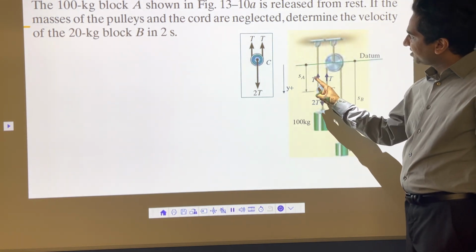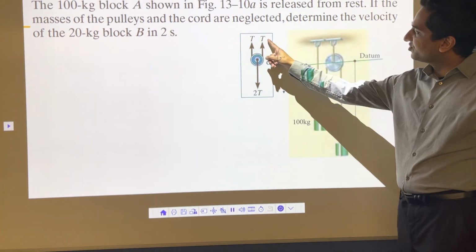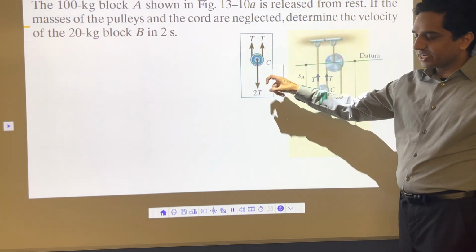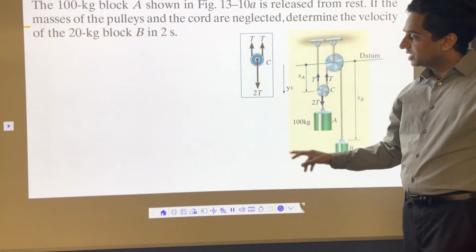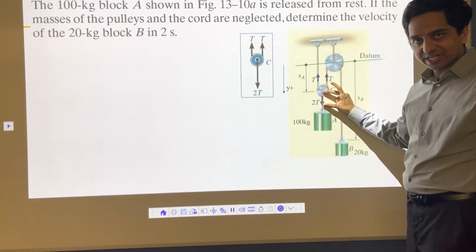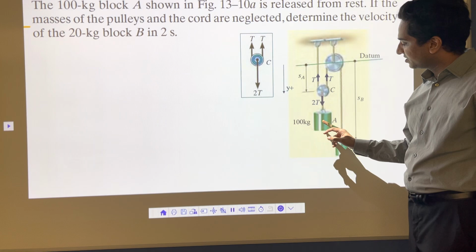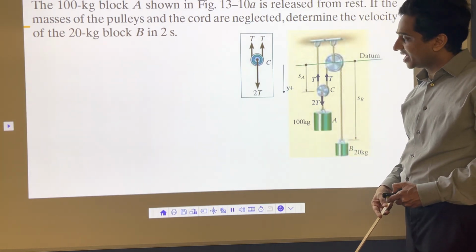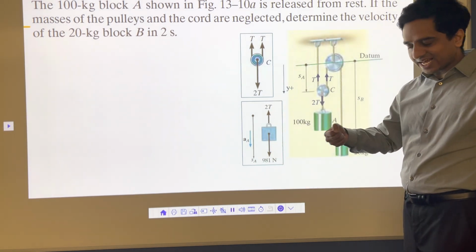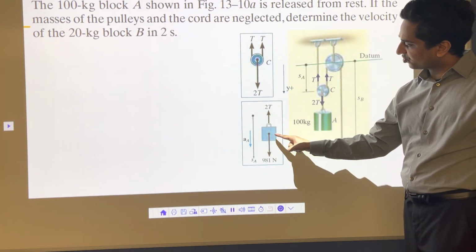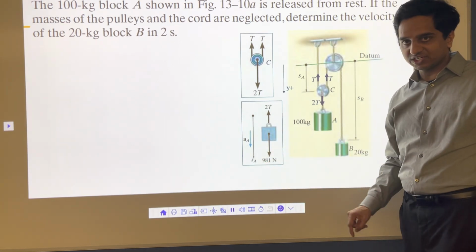There is a tension force here, there is a tension force here, and that will be balanced with 2T, that's 2 tension force downward for this one here. Once I know there is a 2T tension here, I can go ahead and draw the diagram for A, and it will look something like this. As this one is 2T, I am going to put that tension force here, 2T in the upward direction, and this one 981 downward direction.